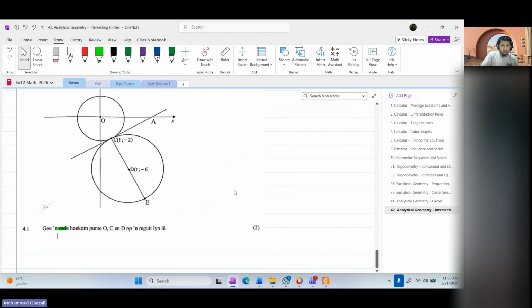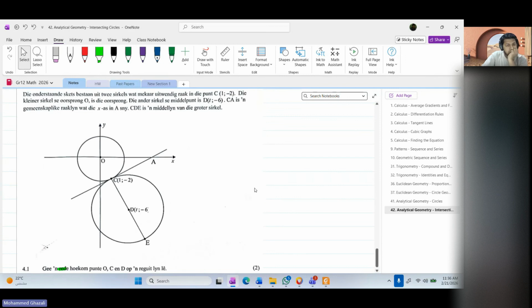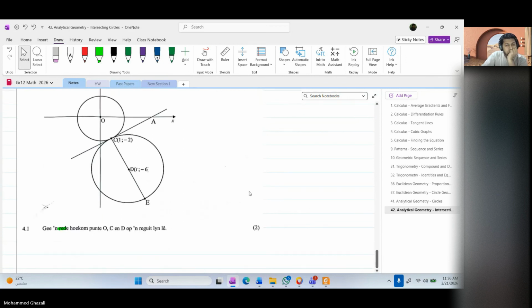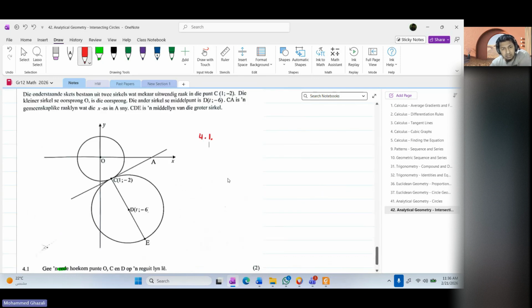The reason why points C and D lie on the straight line is that CD is the diameter of the circle.